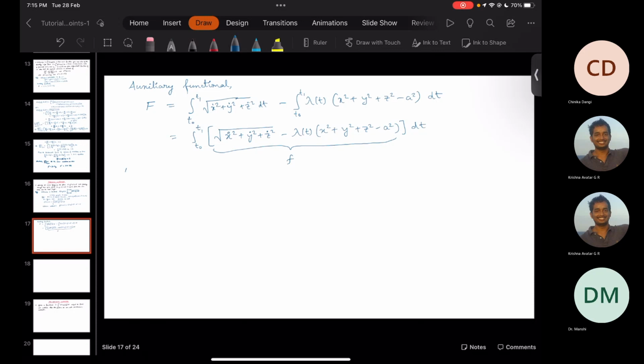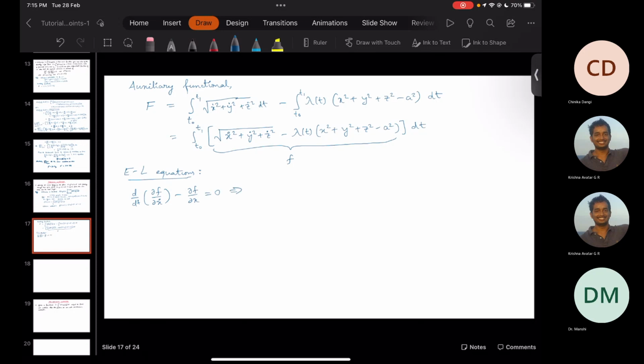So let's derive our Euler-Lagrange equations. What you see closely here is that f has three dependent variables, which are x, y, and z, and there is just one independent variable, which is t. So the first Euler-Lagrange equation will be with respect to x: d by dt of dou f by dou x dot minus dou f by dou x is equal to 0, isn't it?